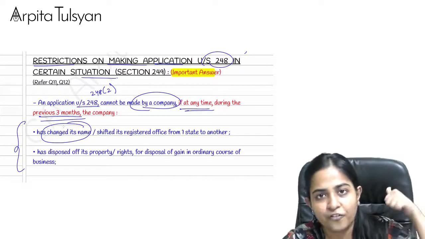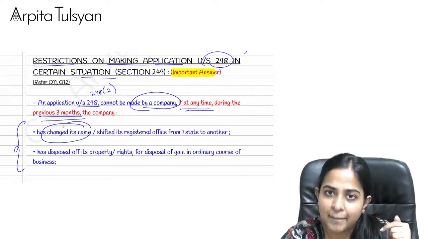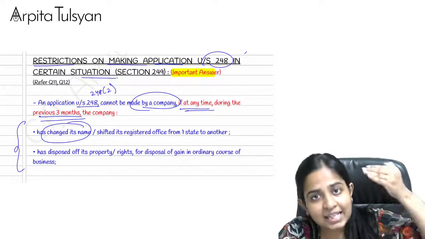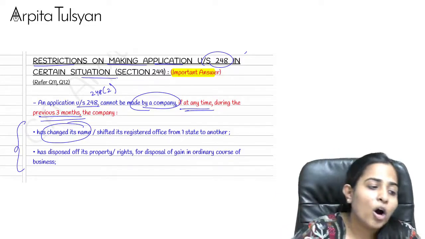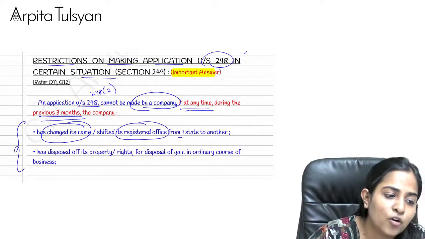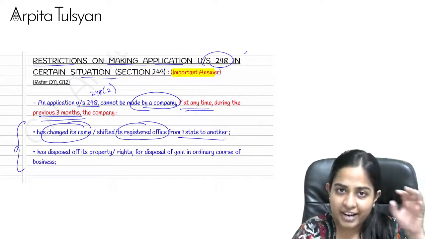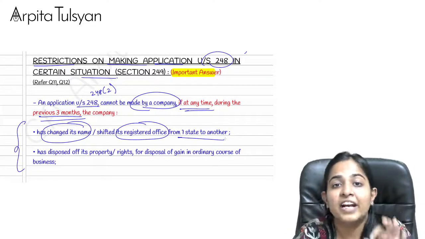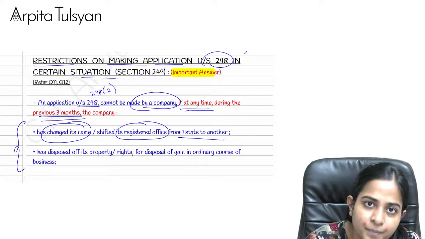Once that 3 months get over, then you can make an application. Or if the company has shifted its registered office from one state to another, then after the change, wait for a period of 3 months, then only you can go and make an application.